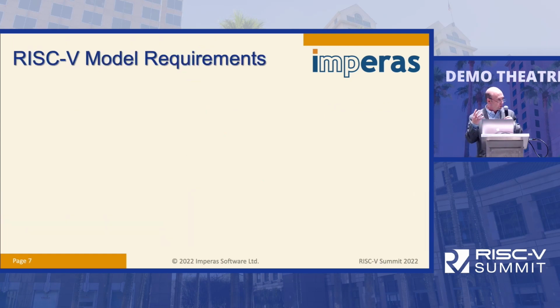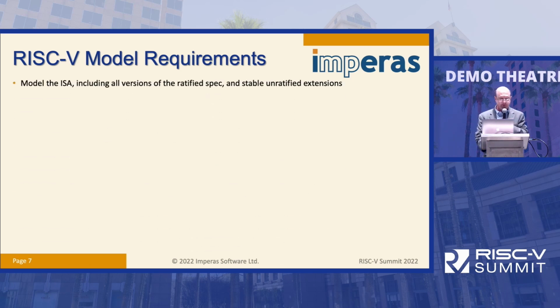So we've talked in general about this, but let's talk a little bit more about the requirements for the RISC-V model. So of course it needs to model the full ISA, all versions of the ratified spec, the stable unratified versions. Needs to be able to model other behavioral components like interrupt controllers.